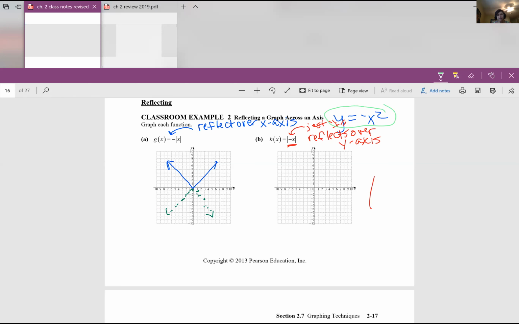Now, we also discussed that it has to be y equals x squared in order for it to open up or open down. Do you remember what happens if instead of y equals x squared, it was x equals y squared? Which way does that open?